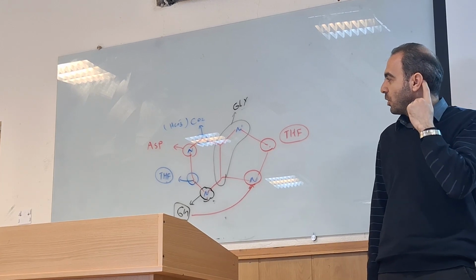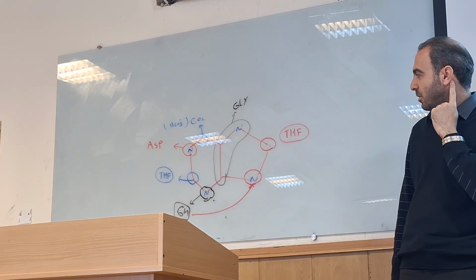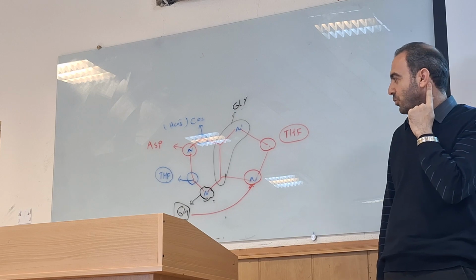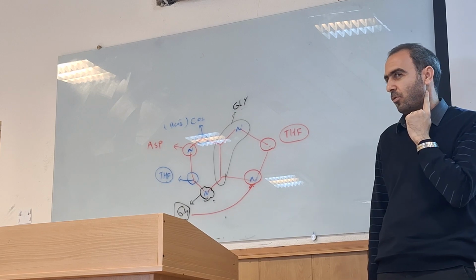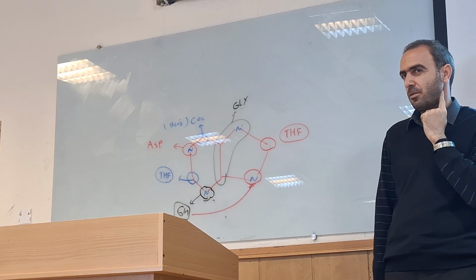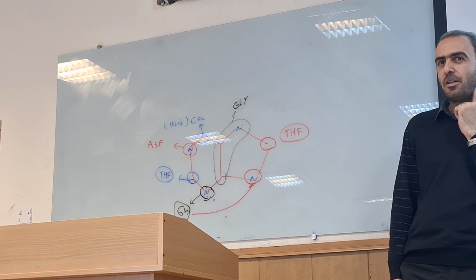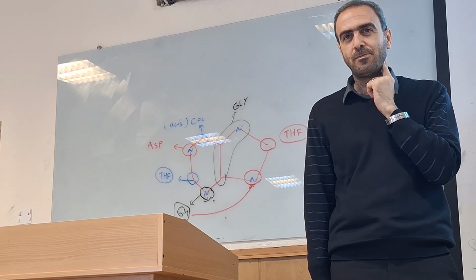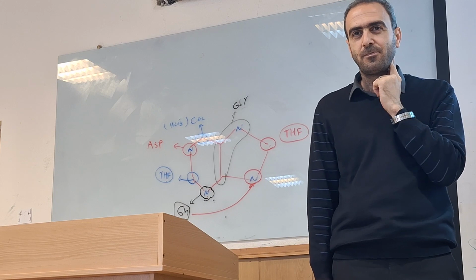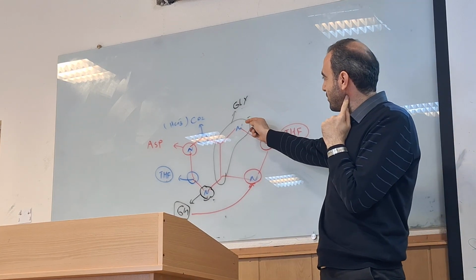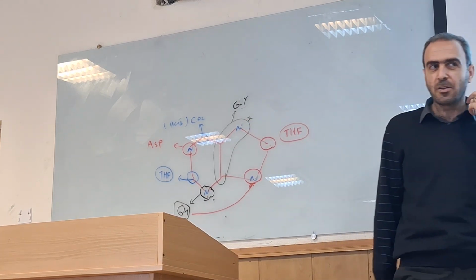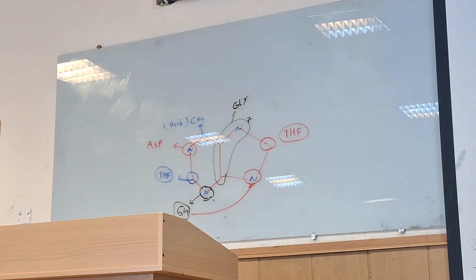What were the options? The nitrogen number 1 in the structure is produced from what? The nitrogen number 7, also glutamine, aspartate, glycine. There are some examples of my question.